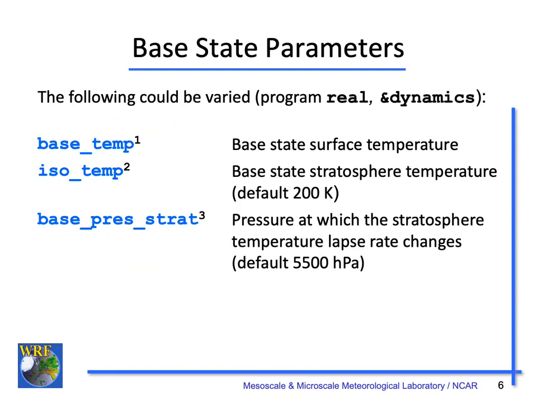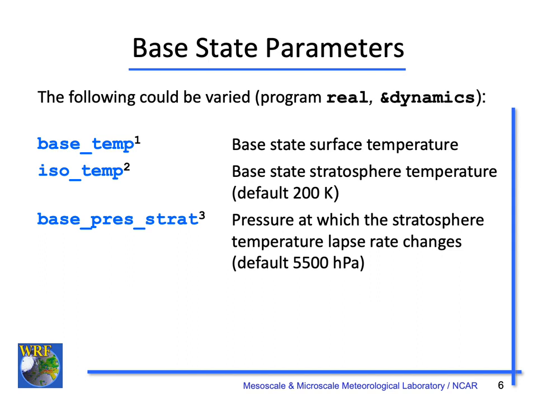This slide shows the options we can change to modify the reference state of the model atmosphere. We may remember from the dynamics talk that it is advantageous to write the model equations using perturbation variables to reduce the truncation errors in the horizontal pressure gradient force calculations and the machine rounding errors in the vertical pressure and the buoyancy calculations.